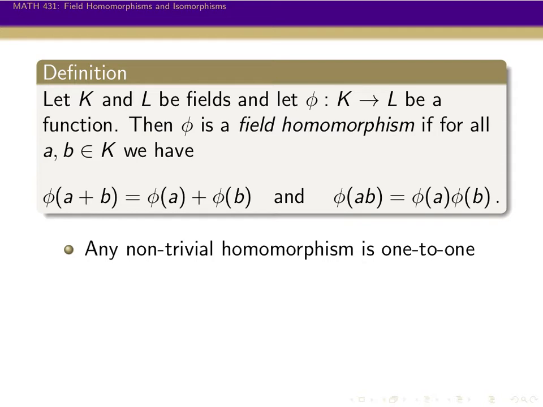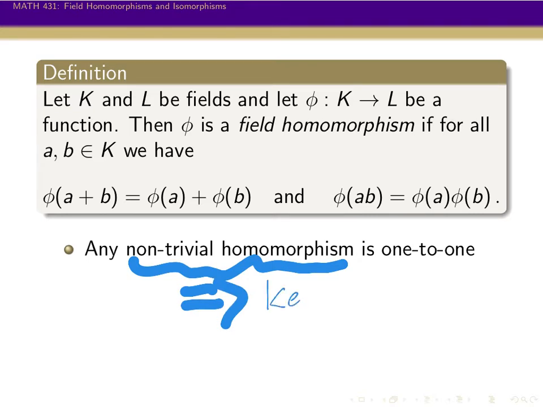So for any non-trivial homomorphism, the kernel has to be zero.